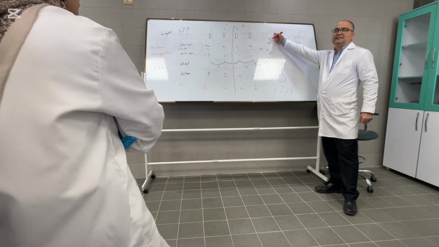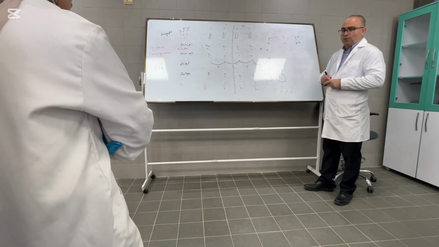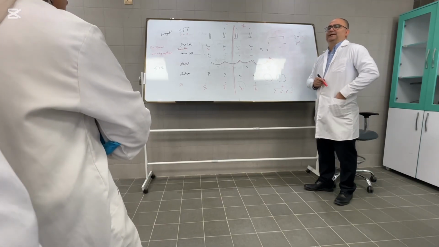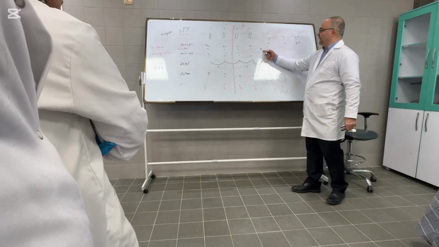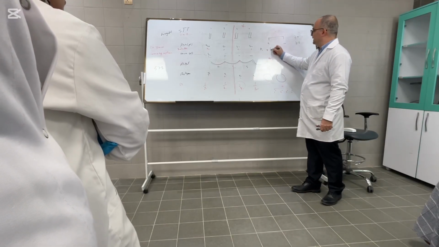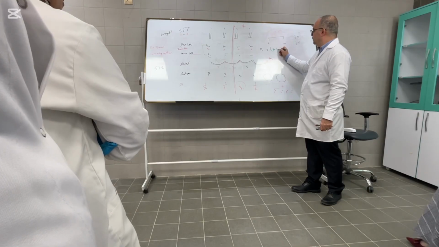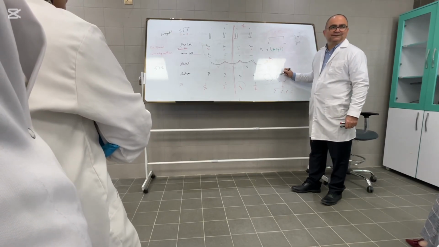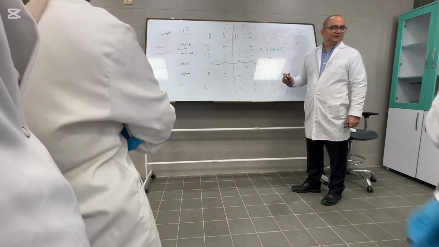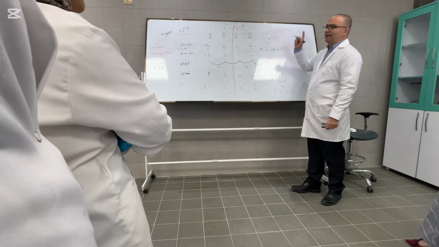Look at this. The standard tube test detects all of these antibodies together. If the patient is positive, it means IgM or IgG. We cannot detect chronic or acute. For the detection, I need another test.